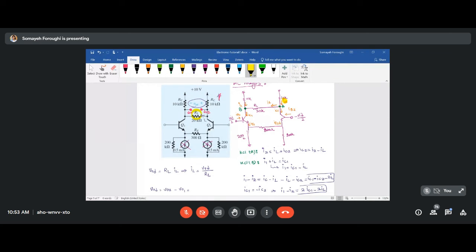So for finding VO2, you're looking for a current passing upward. So you would say RC times negative I2.